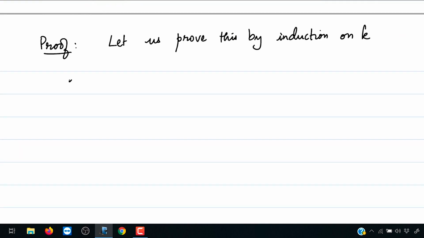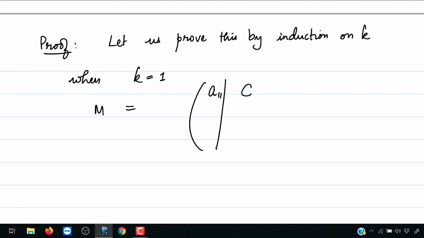So when k is equal to 1, let's see what happens. M will just turn out to be equal to, the first one will be a 1 here, and then there will be a C here which is, oh, this is not 1, this is going to be A11. Okay, let me put it this way.